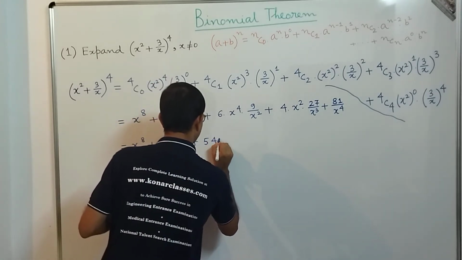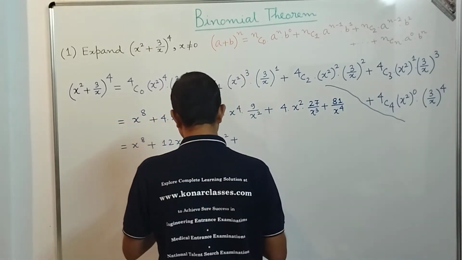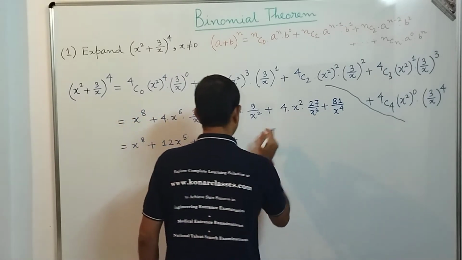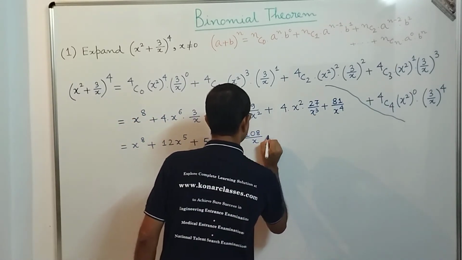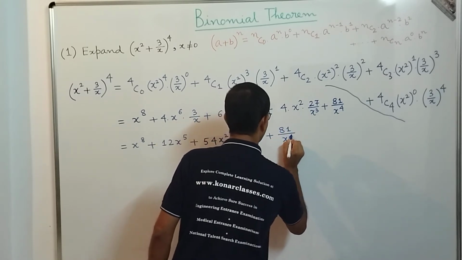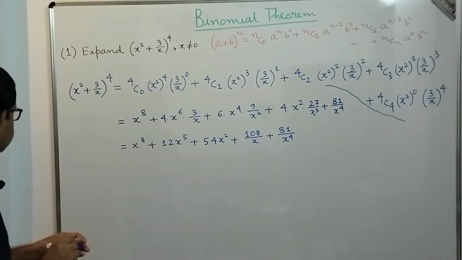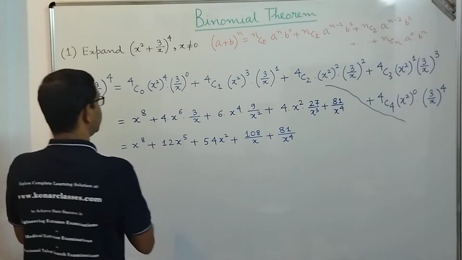So 54x square plus we get 4 into 27, that is 108. x square by x cube is 1 by x, so 108 divided by x plus 81 divided by x to the power 4. This is the required expansion.